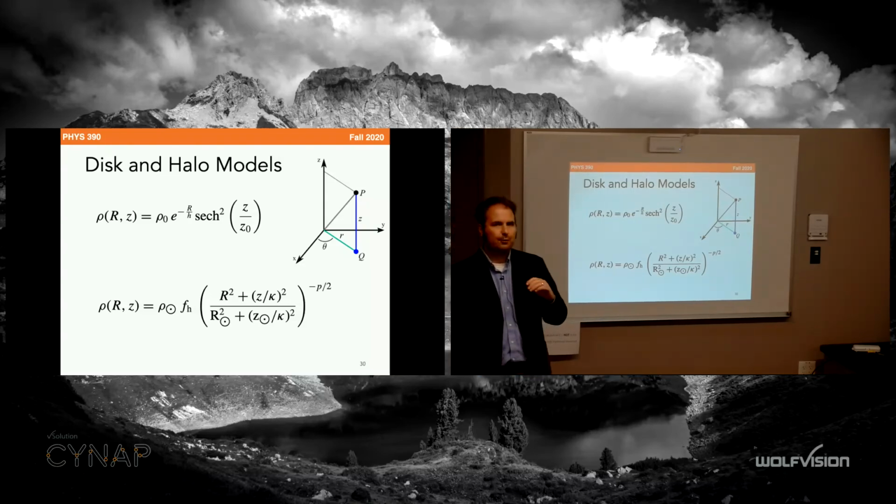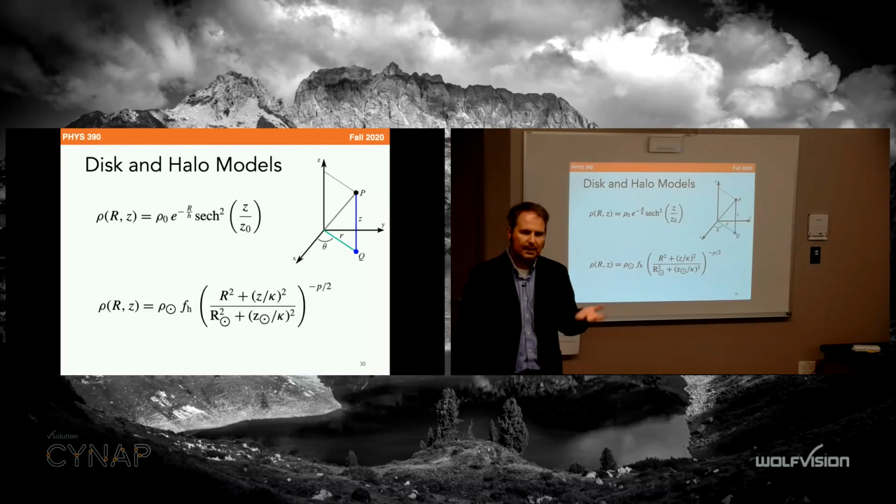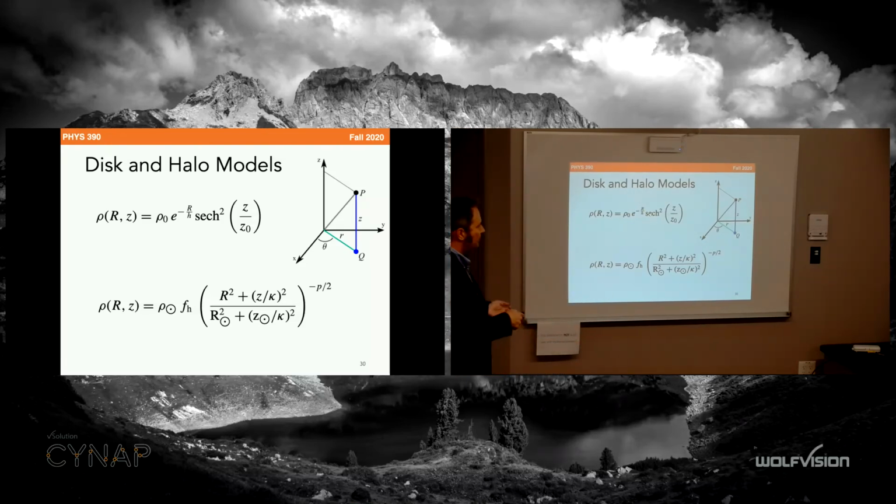This is mostly for historical reasons, because that turned out to be a parameter that worked pretty well, so this way we can compare to previous results. And then we have the halo. The halo density is the density here at around our sun. The fraction of those that belong to the halo, and then we've got the radius again from the center, and the radius and height of the sun, right?